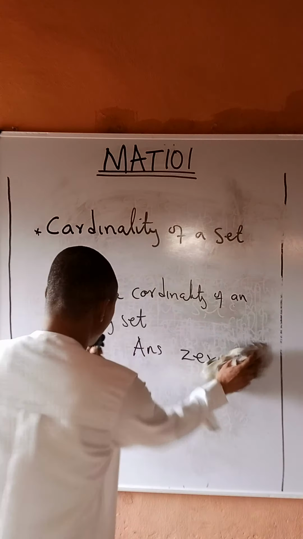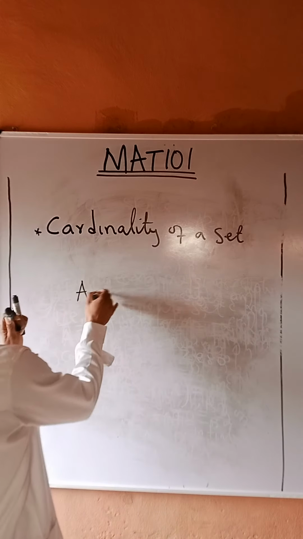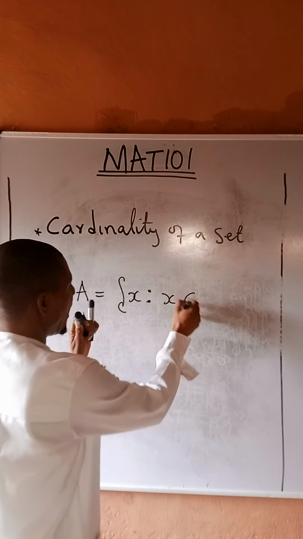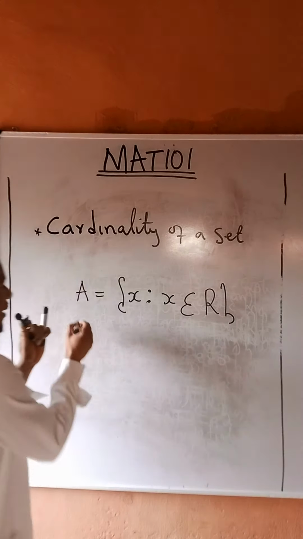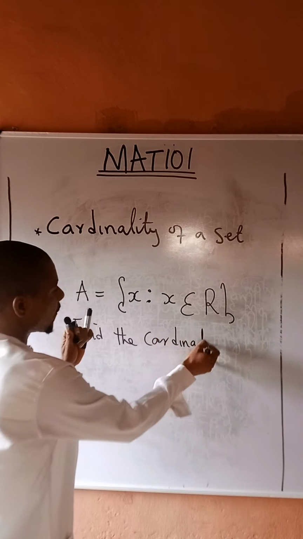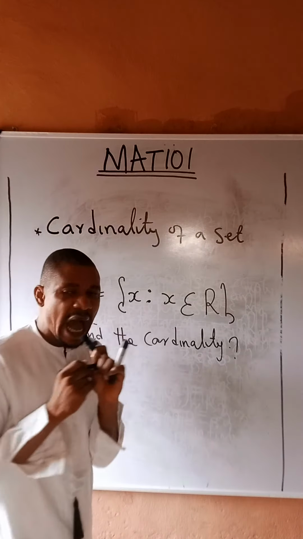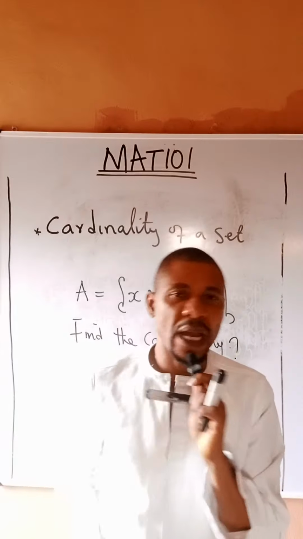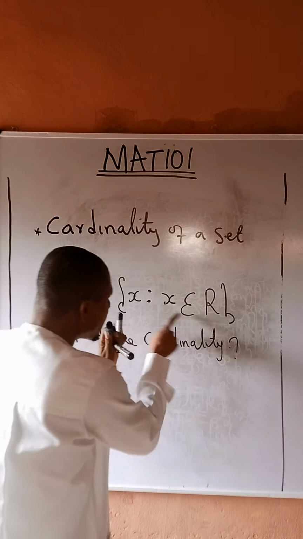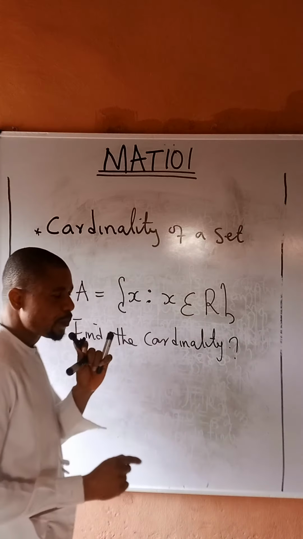Another thing you must understand from this concept is that when they say that A is the set of x such that x is an element of the real numbers, and the examiner says, find the cardinality, remember that the cardinality of a set is the number of elements in that set.